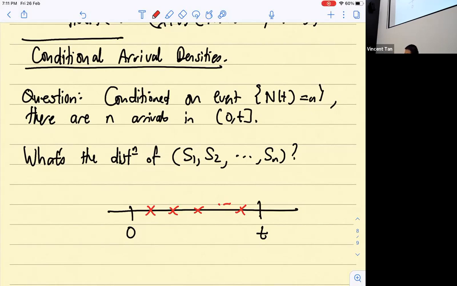We will prove a theorem. It is T over 11 here. In general, T over n plus 1. There were n arrivals. This point here is Sn, this point here is S1. The expected location of S1 is T over n plus 1. That's the theorem that we're going to prove.